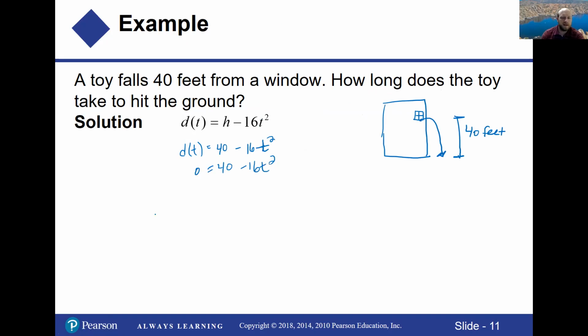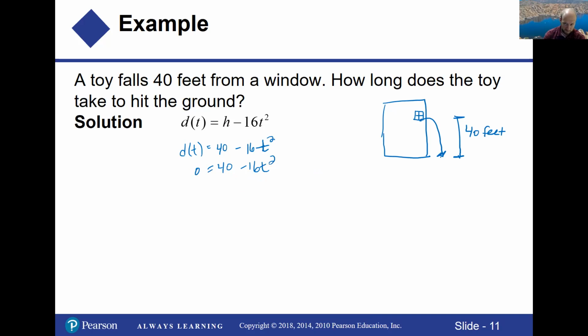So what I'm doing here is I'm solving for the time. I need to know how long it takes the toy to hit the ground. Its distance, d of t, above the ground when it hits the ground is 0.